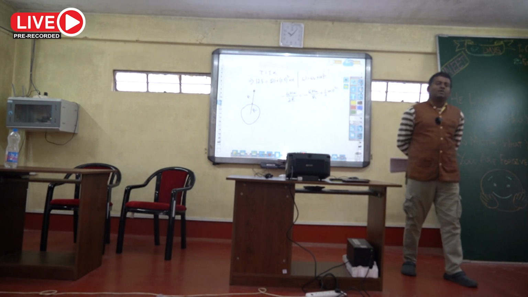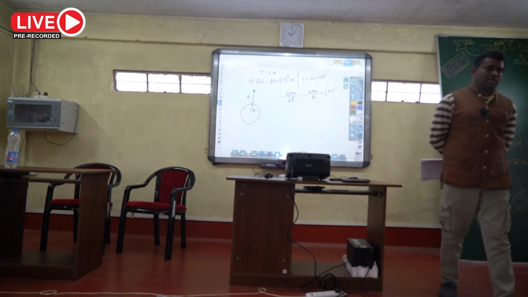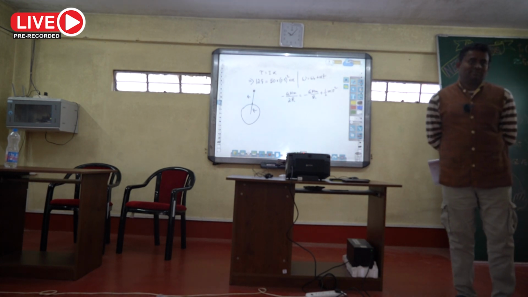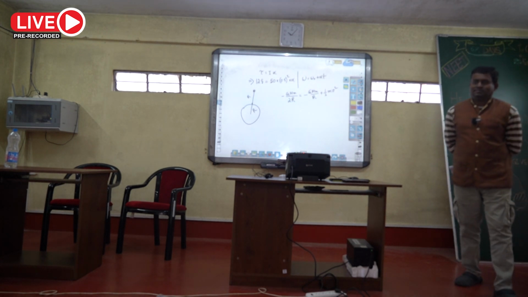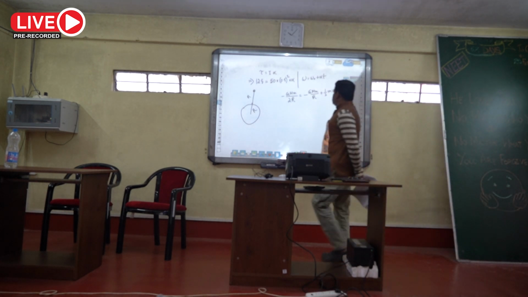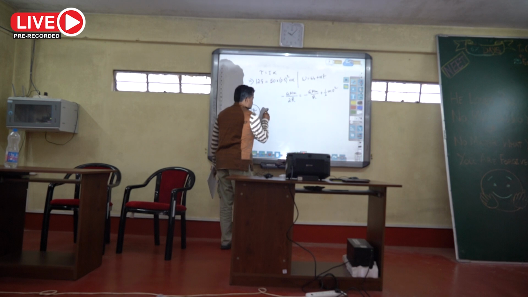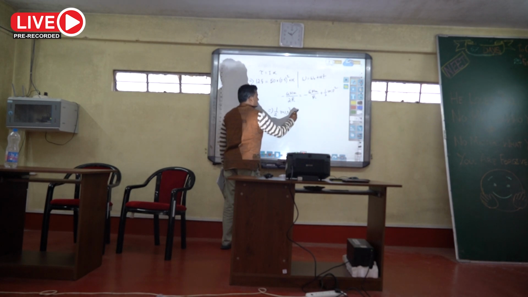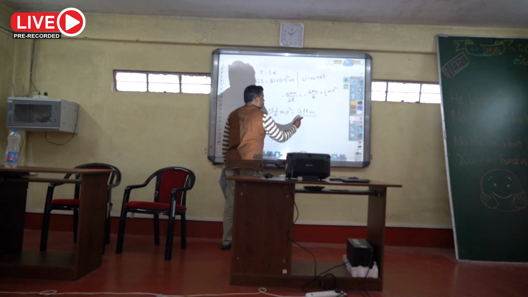So you have to find that v. Don't use the formula v square equal to u square plus 2as. So this calculation will give you half m v square equal to G M m by 2r.